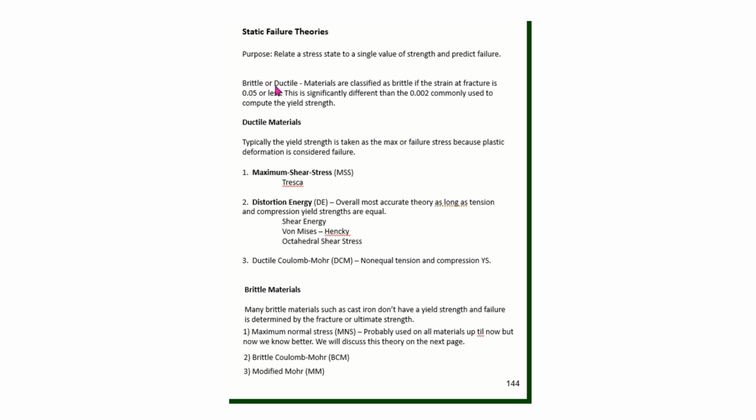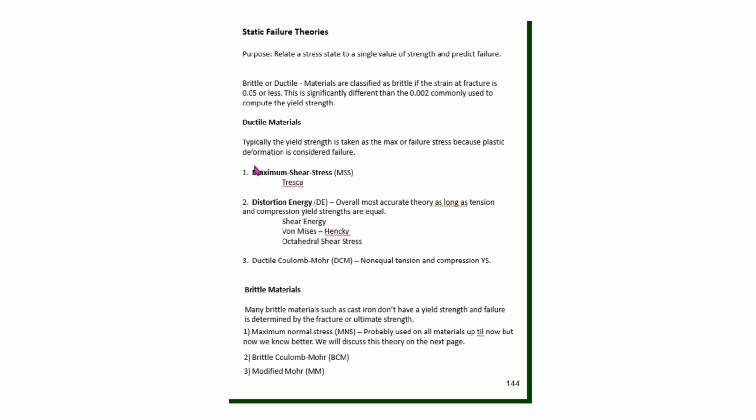For example, many ductile steels act as ductile materials when the temperature is room temperature and above. But if the temperature gets so low, these ductile steels can actually act as brittle materials, and the brittle material failure theory should be considered and used in those situations.